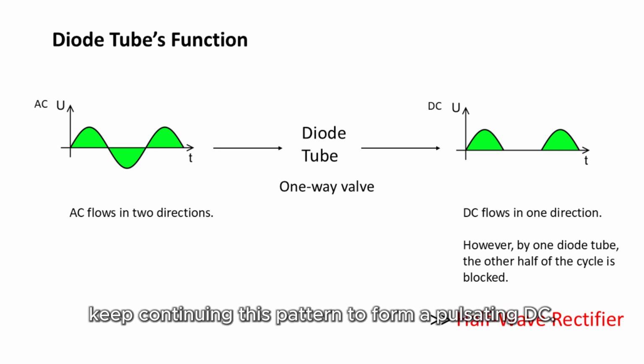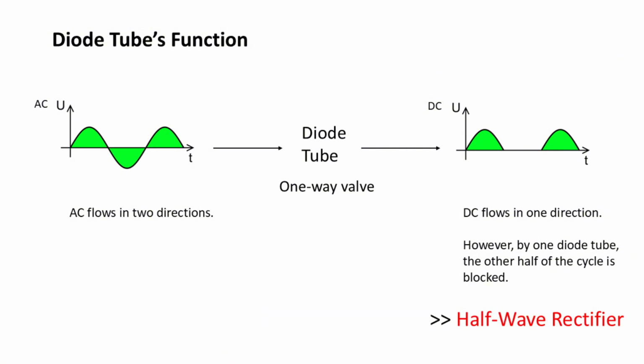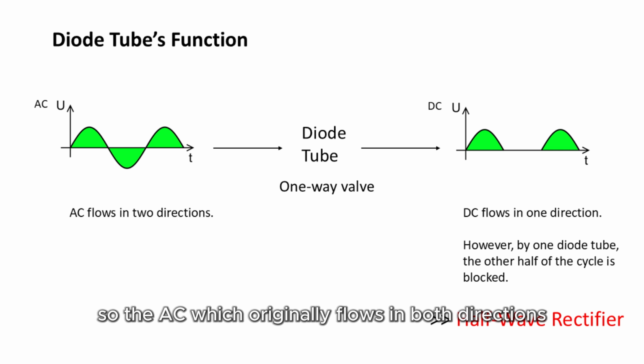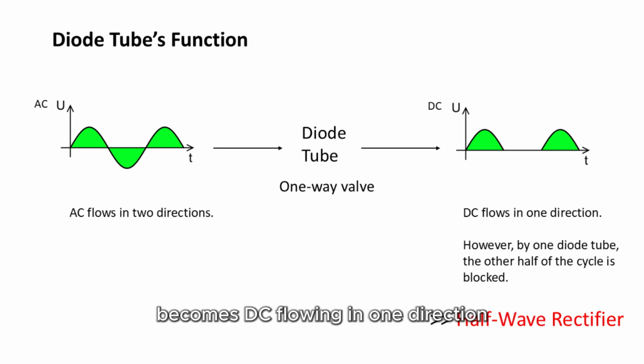Keep continuing this pattern to form a pulsating DC. So the AC, which originally flows in both directions, becomes DC flowing in one direction after passing through a diode tube. This is the diode tube's function, rectification. Using a single diode tube to rectify AC results in a pulsating DC, known as a half-wave rectifier.